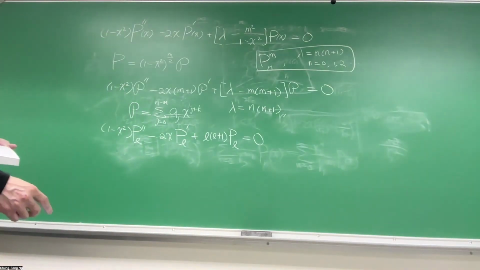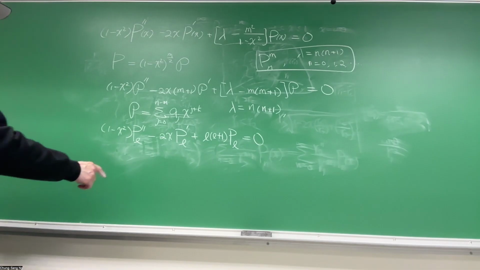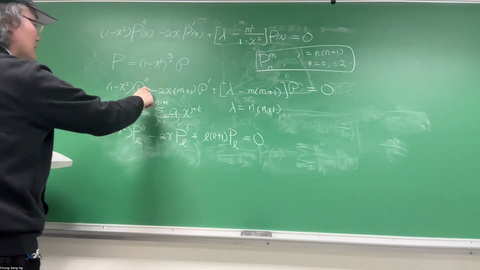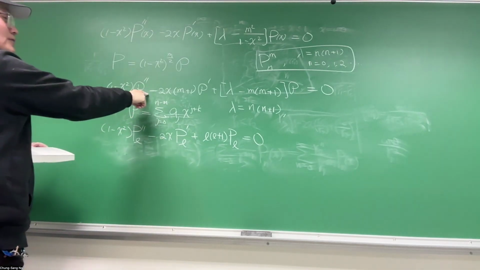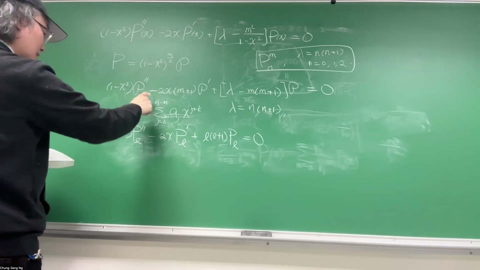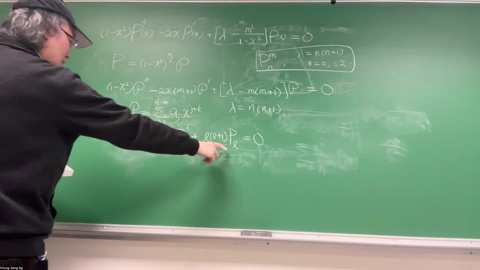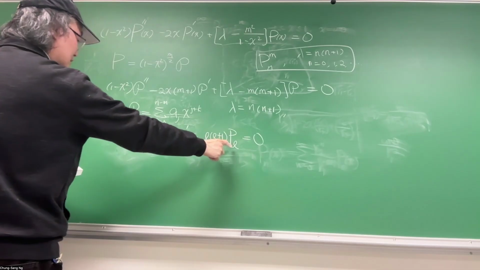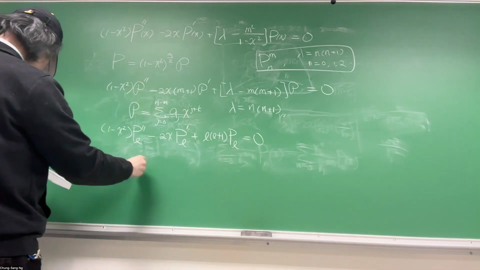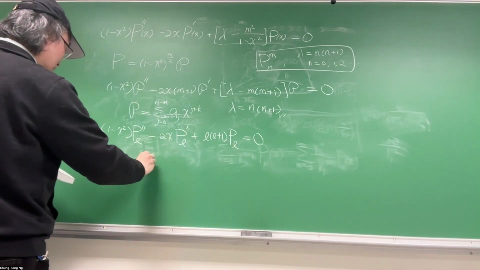And then you can show that a solution to this equation for the script P is a repeated derivative of this P_L, depending on m.